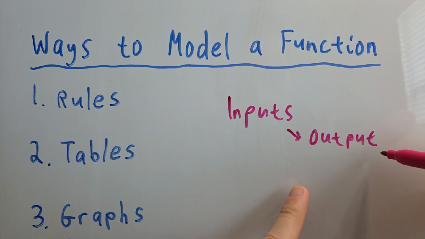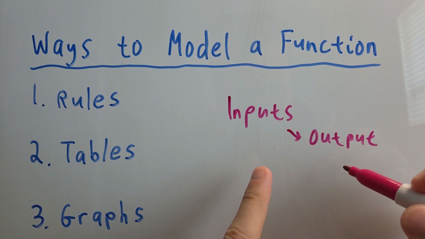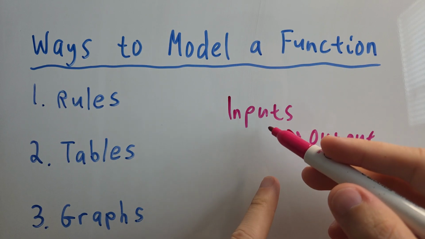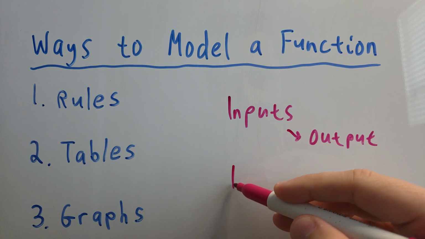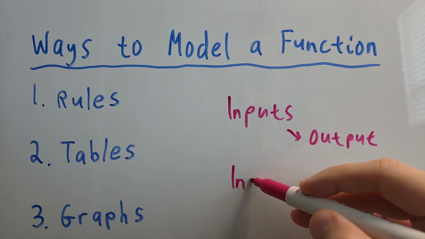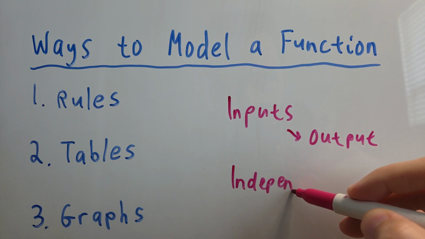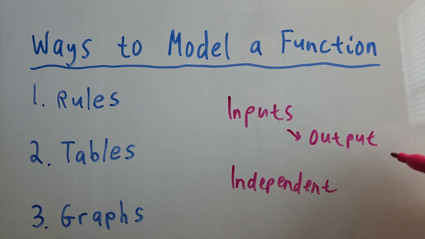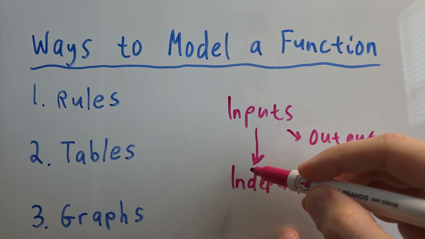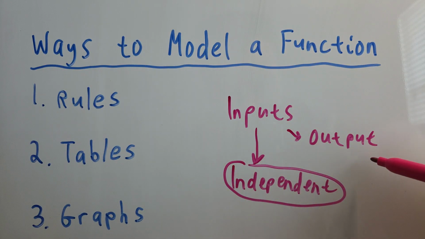Comes out another value. The inputs are values of the independent variable. And then the outputs are the corresponding values of the dependent variable.